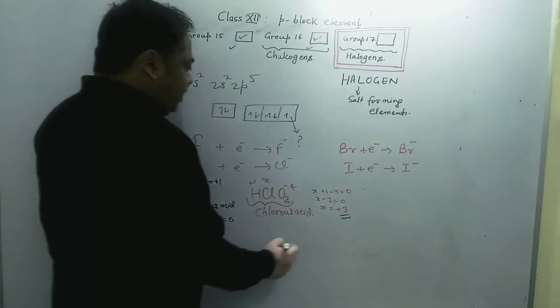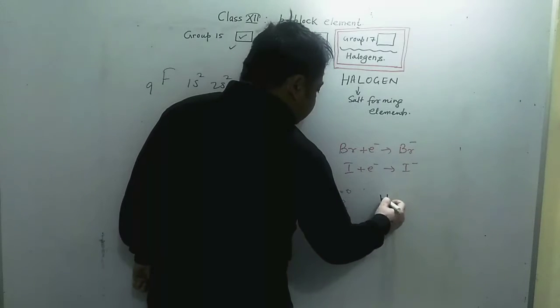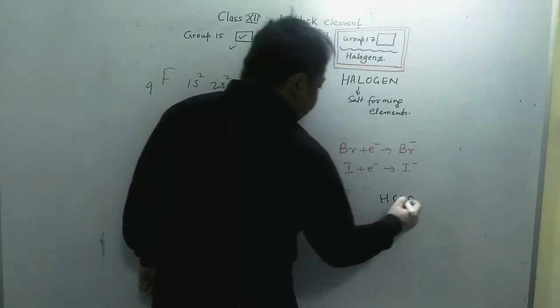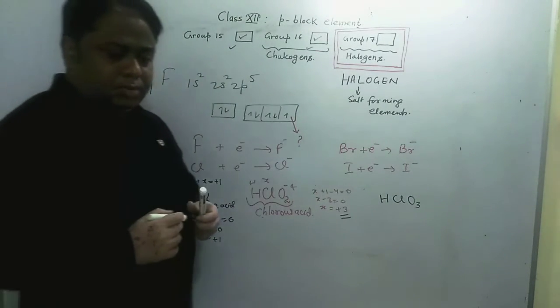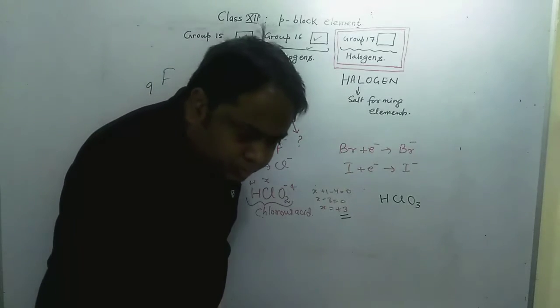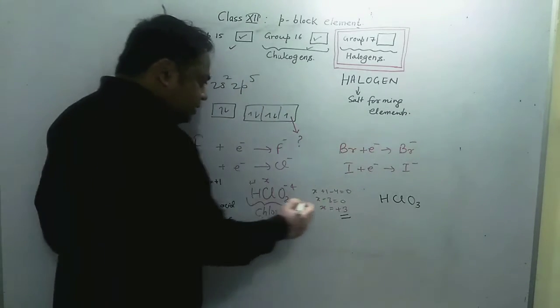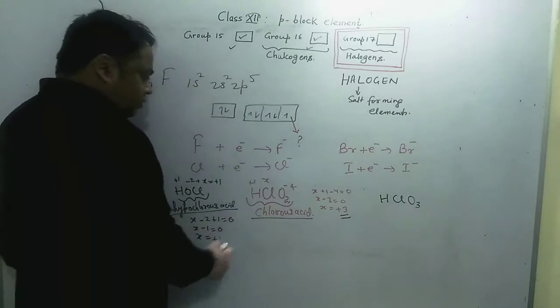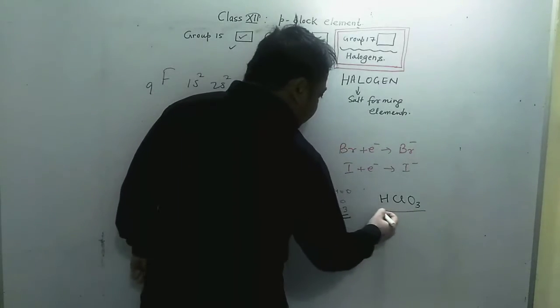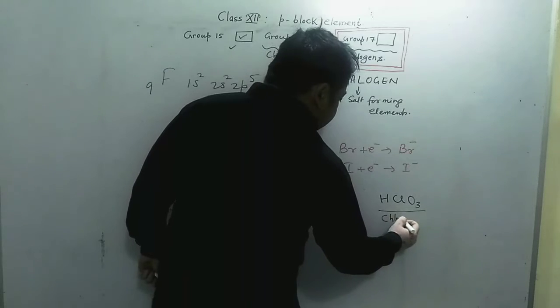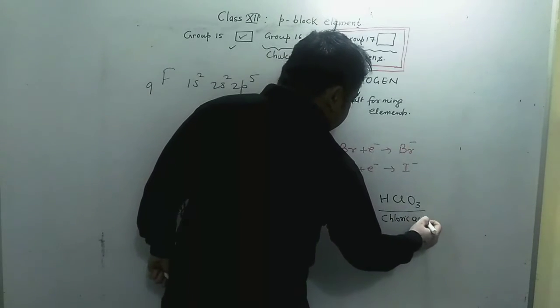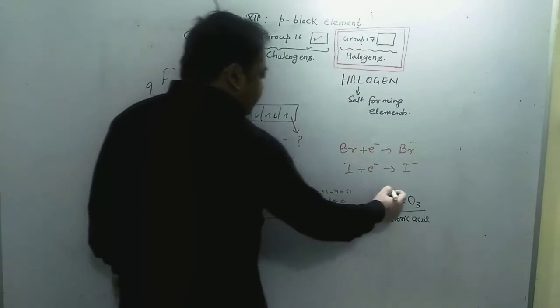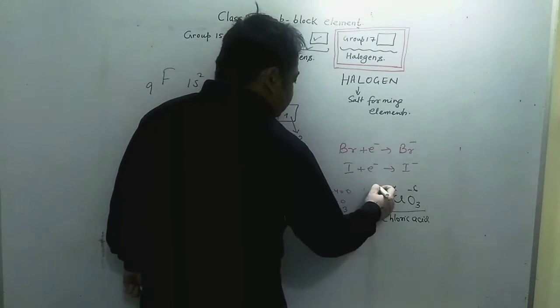What about HClO3? If I take HClO3, it's called chloric acid. This is hypochlorous acid, this is chlorous acid, and this will become chloric acid. So its oxidation state will be x minus 6 plus 1.